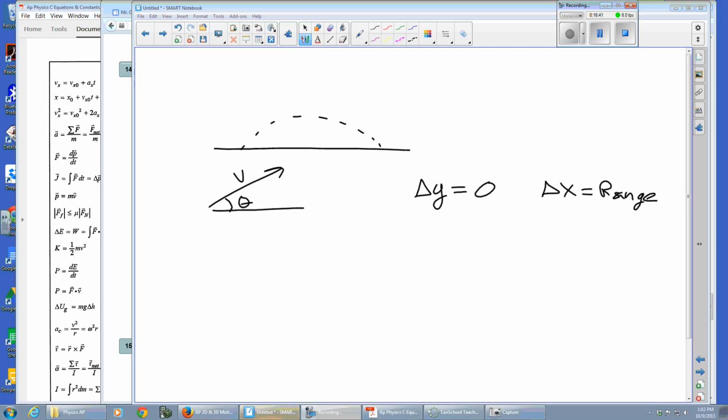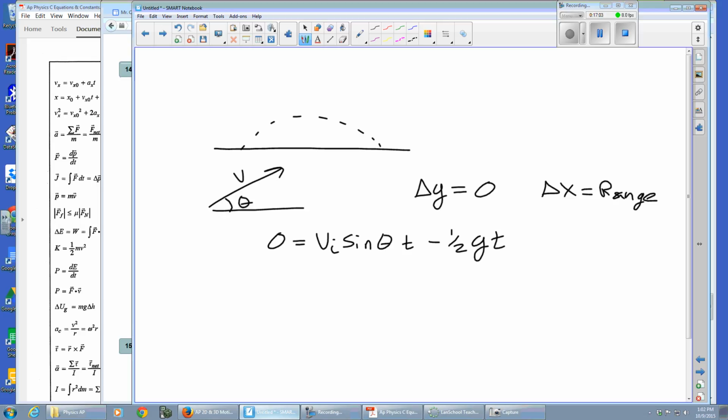And so in the y, using our basic kinematic equation that we use a lot, we have 0 equals v initial sine theta t minus 1/2 g t squared. This is in the y direction. In the x direction, we have what we'll call the range, which we'll call x equals v initial cosine theta t.